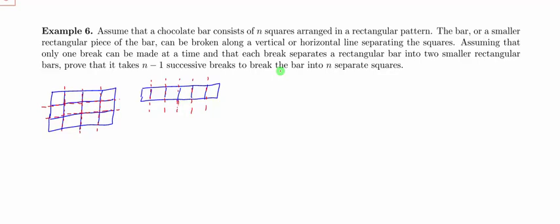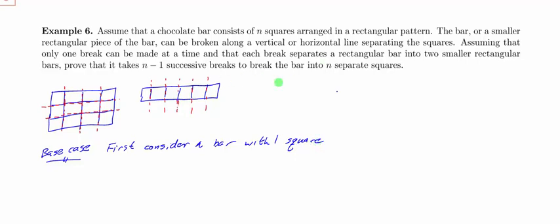So what's the smallest size chocolate bar that we can have? Well, we could have a bar that's just one solid square without any divisions in it. So for our base case, we can say to first consider a bar with one square.